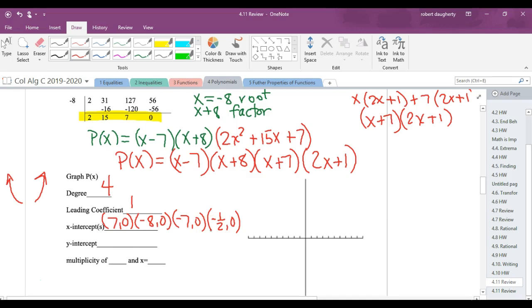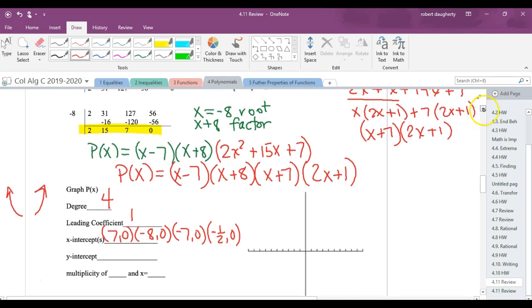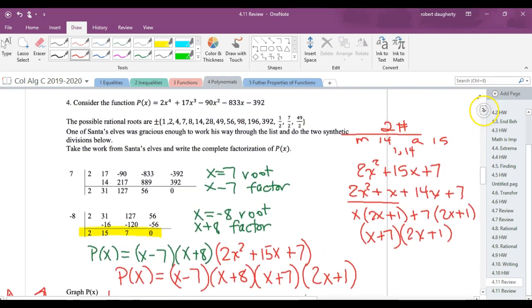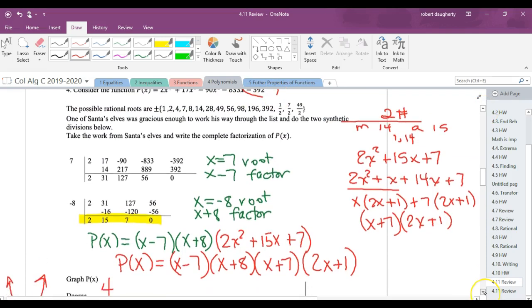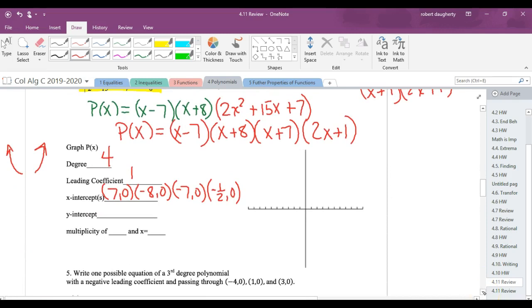Where is the y-intercept? The y-intercept's pretty easy to find from the original equation. The y-intercept is right there at negative 392. So (0, -392). Multiplicity, there is no multiplicity in this particular graph. So how do I graph this guy?